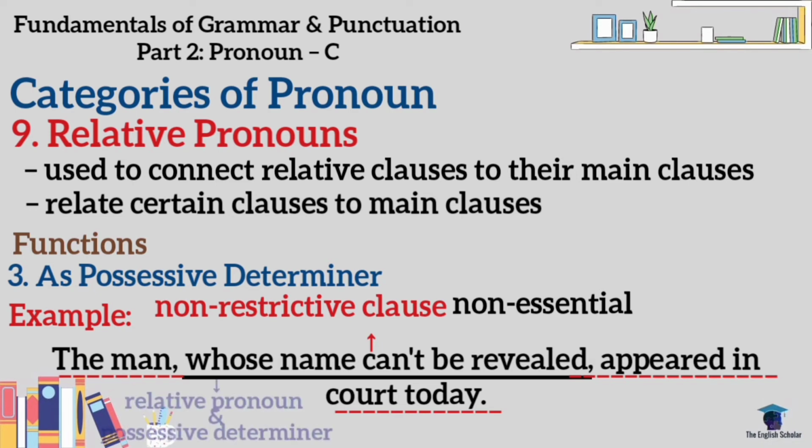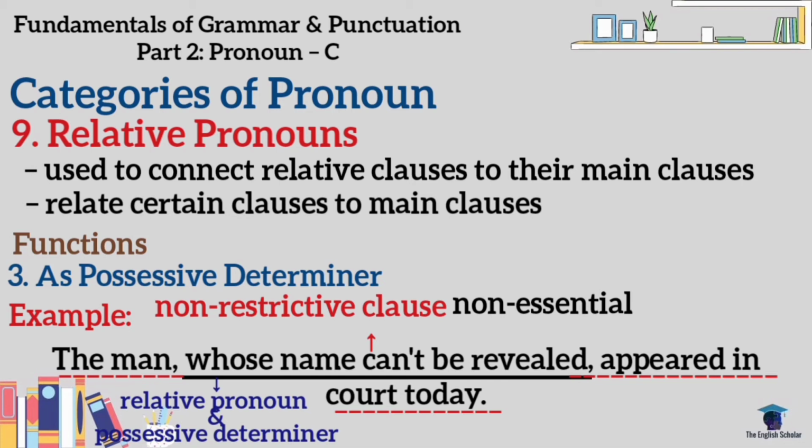Whose here is a relative pronoun, and it functions as what? As our possessive determiner. It is determining or modifying the name of that man, though cannot be revealed. To make this clearer to you, just look at the term itself, possessive determiner, meaning it expresses ownership.